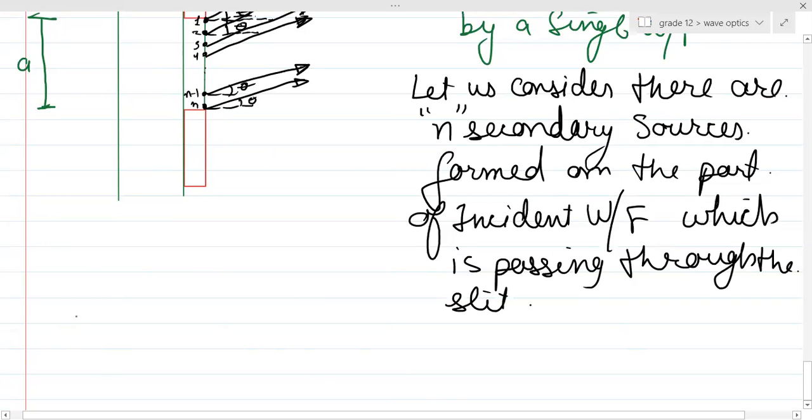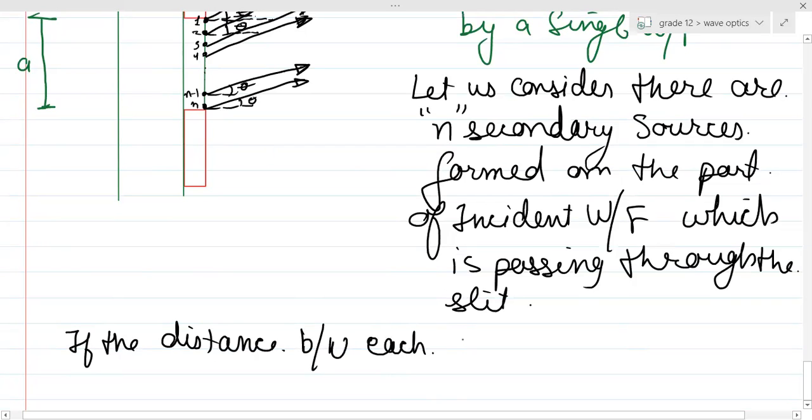And if the distance between each source is small d, can you see guys what will be the relation?